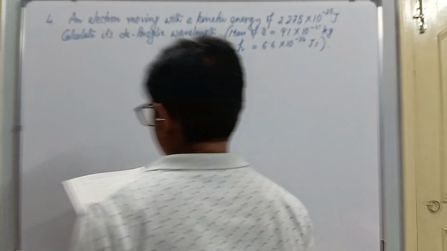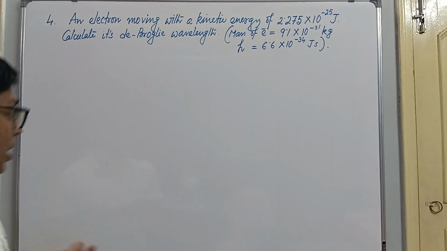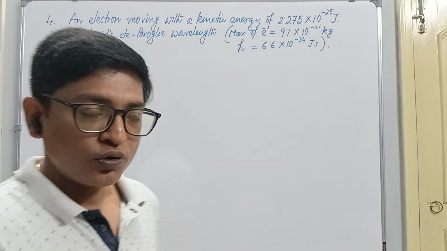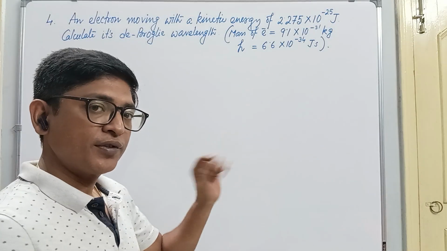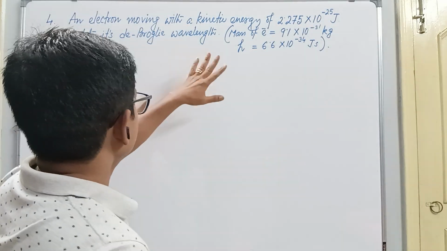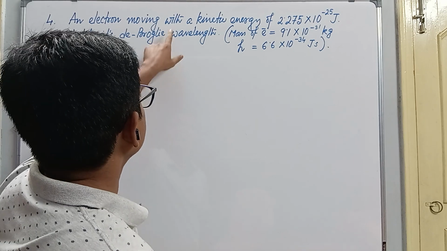Okay, these are the information they have given. So how to solve this question? This question is a little bit different than the previous 3 questions, right? That is very clearly evident here.